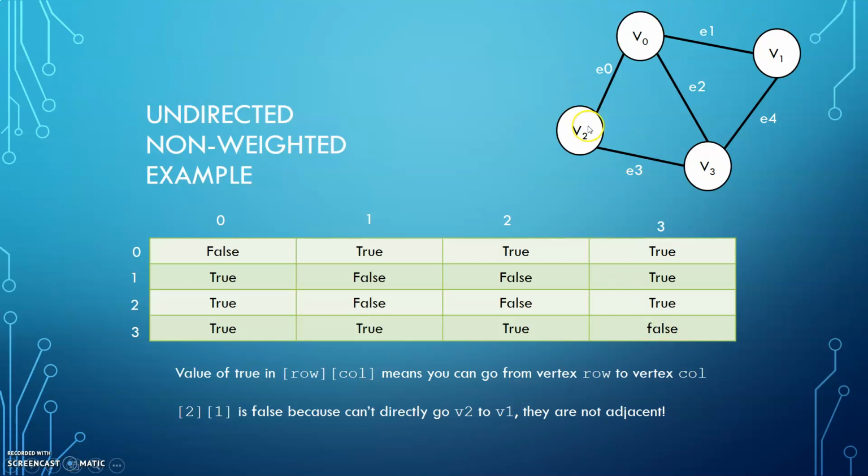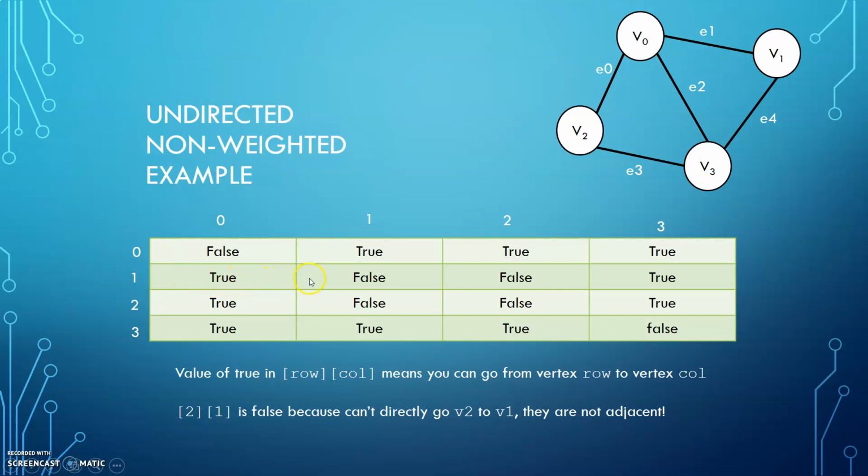But here, given this graph, which is the same one that we had for the linked lists, for vertex 0 we would say, well, what's adjacent? Well, 2, 3, and 1. So this row represents vertex 0, and here's the 2, there's the 3, there's the 1. From vertex 1's point of view, we have 0 and 3.